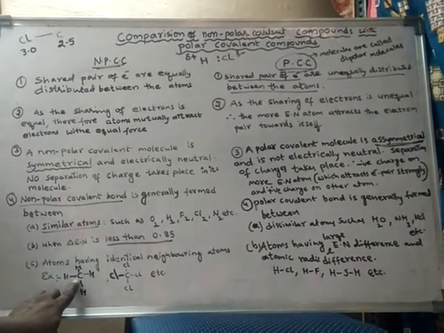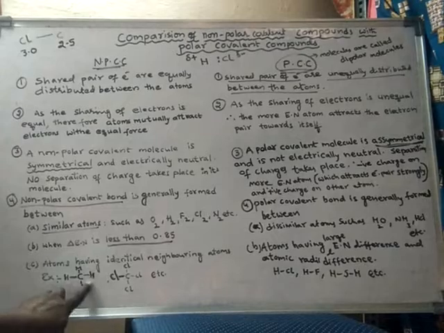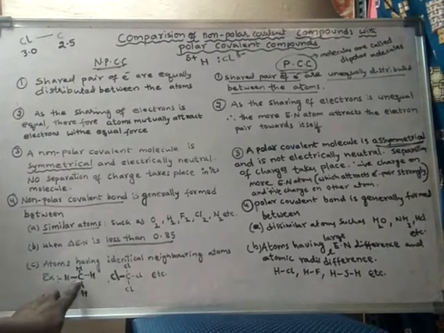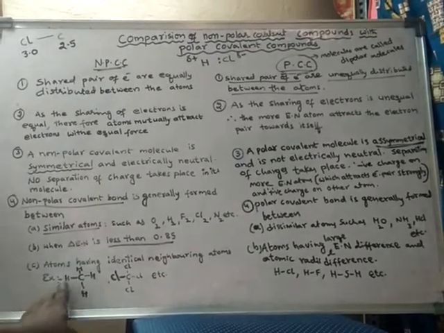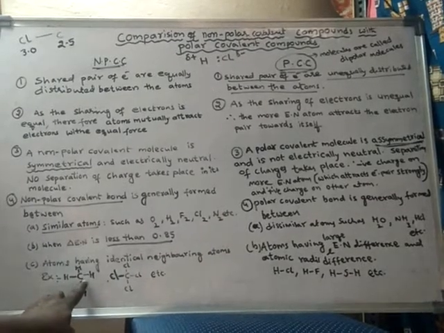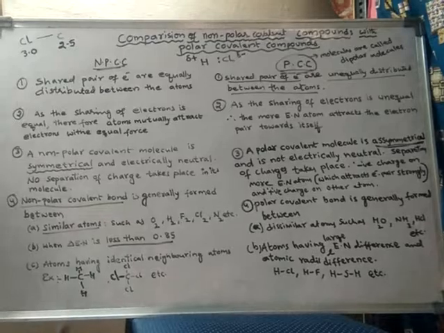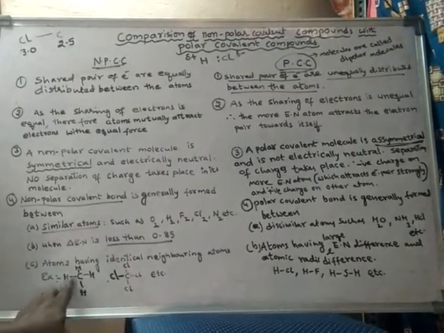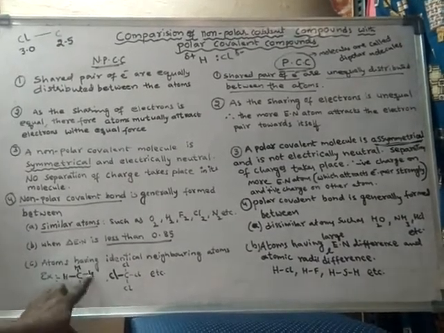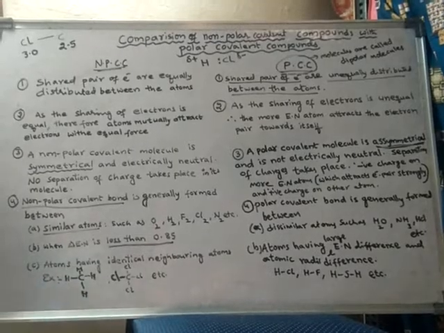That means when an atom has identical neighboring atoms, this carbon has two hydrogens as neighboring atoms, and these two atoms are identical atoms.